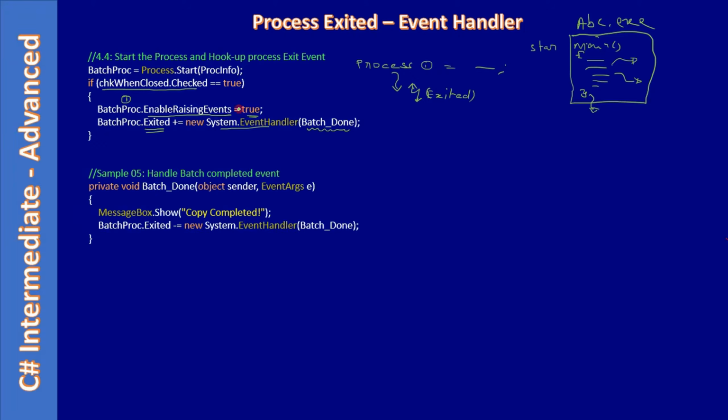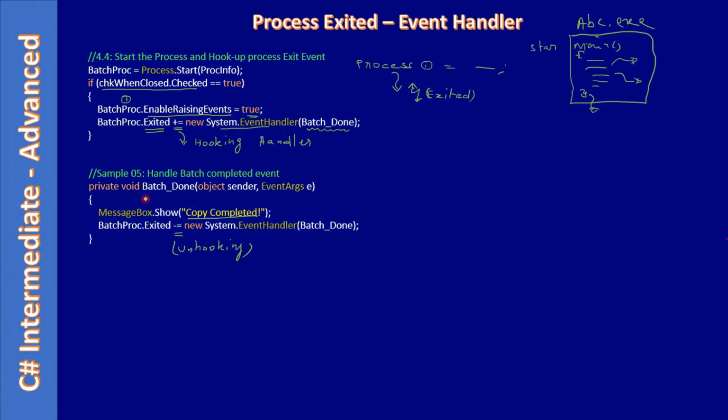In the handler function we simply state MessageBox.Show copy completed. Here if you see plus equal to, that means we are hooking the handler function with the event Exited. Minus equal to means we are unhooking it.